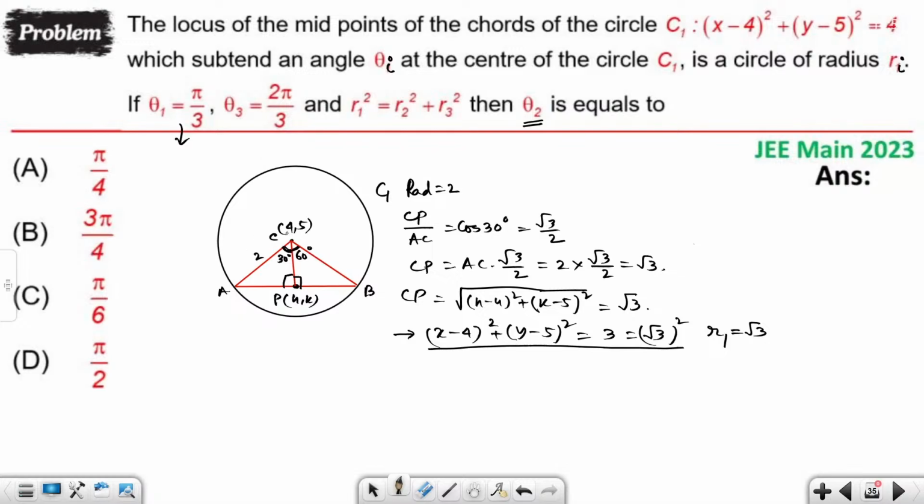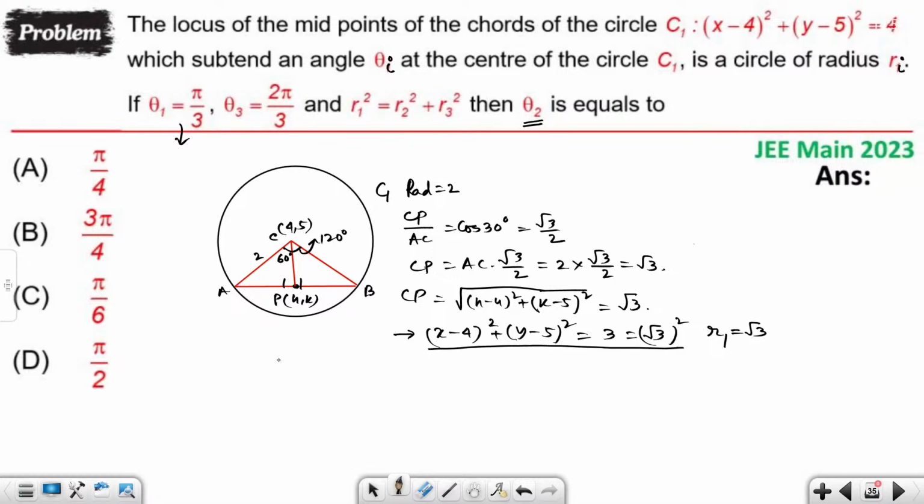The case will be exactly the same. The only difference is that this angle is 120 degree. Tell me yes or no. That is, half of that angle will be 60 degree. Yes or no? So this is your third case.